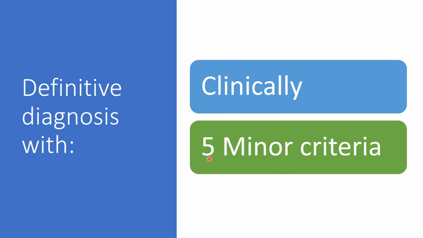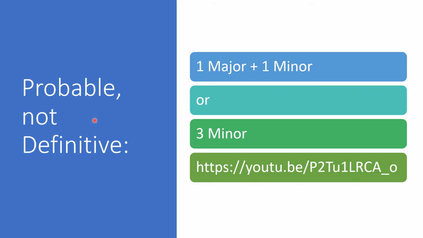Also, you can make the definitive diagnosis with 5 minor criteria. It will become probable, not definitive, if you find only one major criterion with one minor criterion, or you have 3 minor criteria. For further explanation on that, you can click on this link.